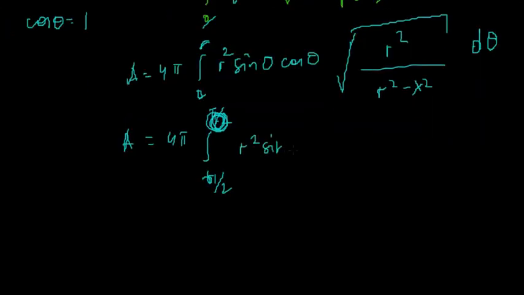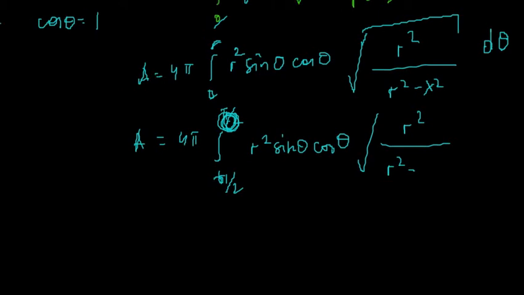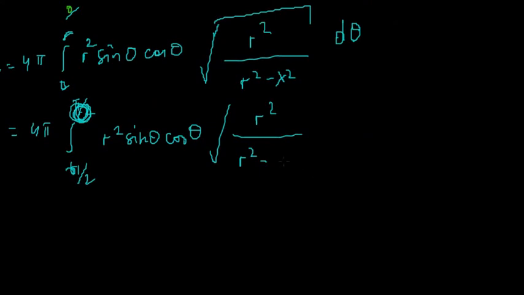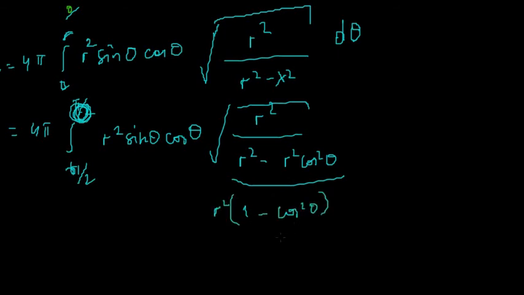r squared sine of theta cosine of theta, r squared divided by r squared minus x squared. X, we said, is r cosine of theta, so r squared cosine squared of theta. We can write this part as r squared times 1 minus cosine squared of theta. This one will be gone with this one, and this one will give us sine squared theta, right?